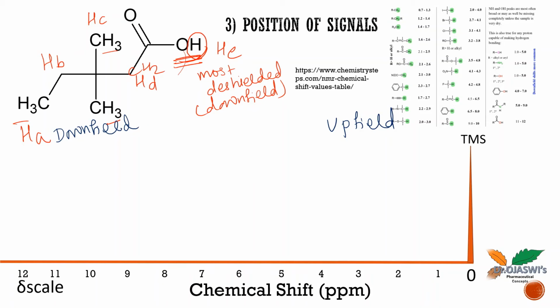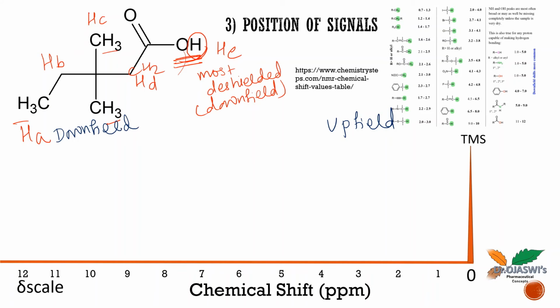In IR, if you all remember, we say that 1500 to 4000 is the functional group region, and 1500 to 600, 400, that is the fingerprint region. But this upfield and downfield is not like IR spectrum. This upfield and downfield are the positions.